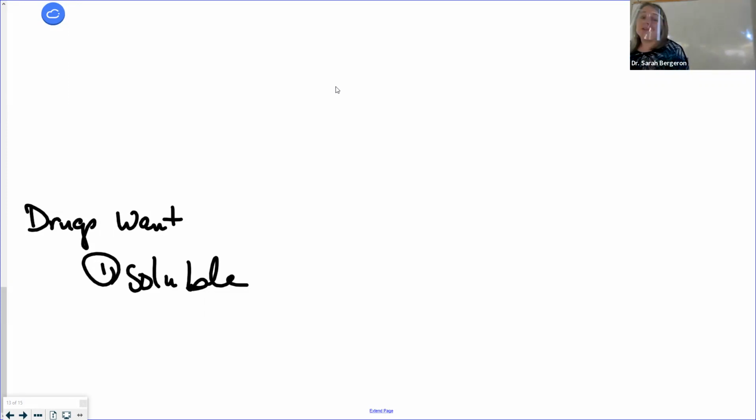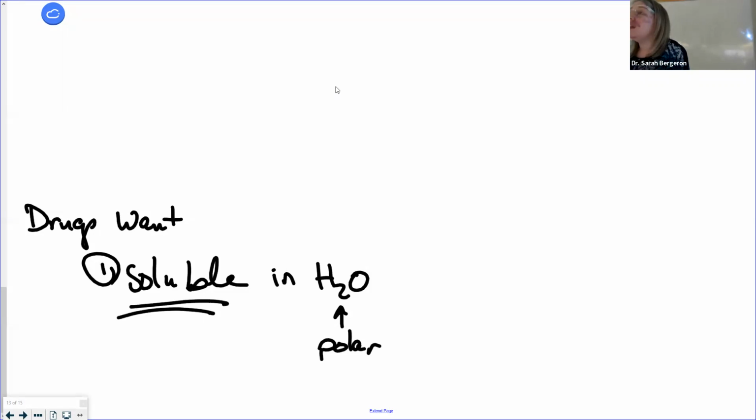Soluble in what? In water. Water is what? Acid or base. It can act as either. It's polar. If we talk about solubility, like dissolves like. So we want something that will dissolve in water.